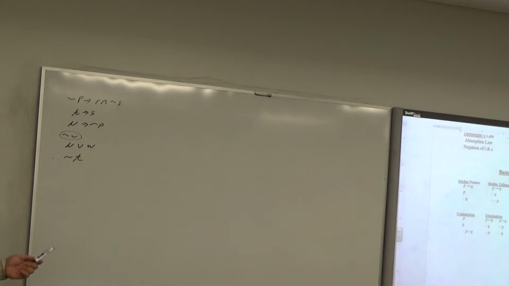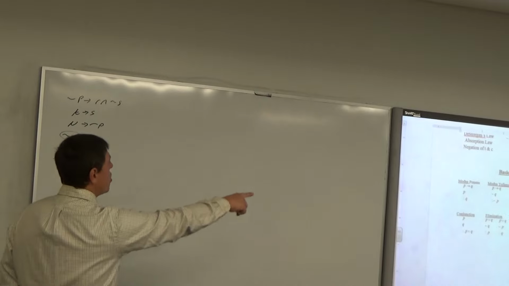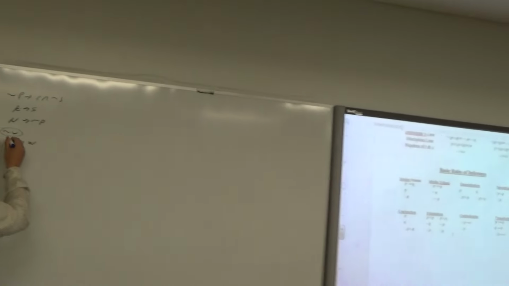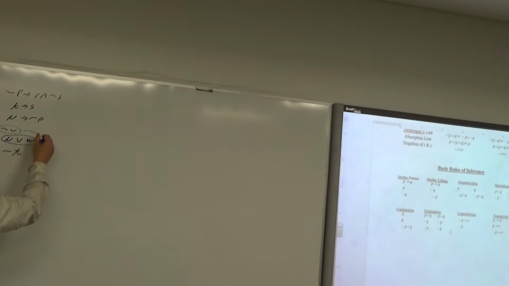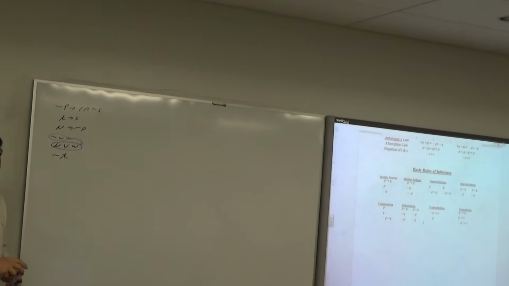And then it looks like to me that the only other thing that has one statement is U or W. Okay? So let's see if we can build one of those 8 basic rules of inference, maybe just using these 2 statements. Does somebody think they might be able to put together a statement and then come up with a conclusion from that argument form?